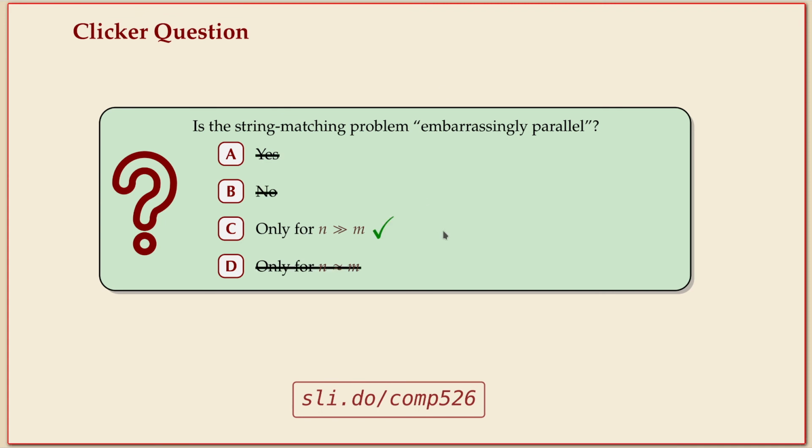So why is it, in this sense, embarrassingly parallel only if the text is much, much longer than the pattern? In that case, you can use this second method and break the text into these blocks of length 2m, and can use a work-efficient method and still have an efficient parallelized method, fairly efficient. Whereas if the pattern and the text are roughly the same length, there's not so much you can do.